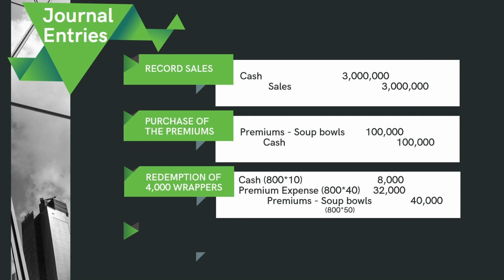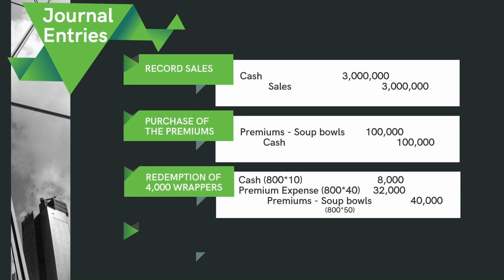Your premium expense, the cost of the soup bowl is 50. However, you were reimbursed 10 pesos by the one exchanging. That is why your premium expense, you just deduct 10 pesos. So 800 times 40, that's 32,000.